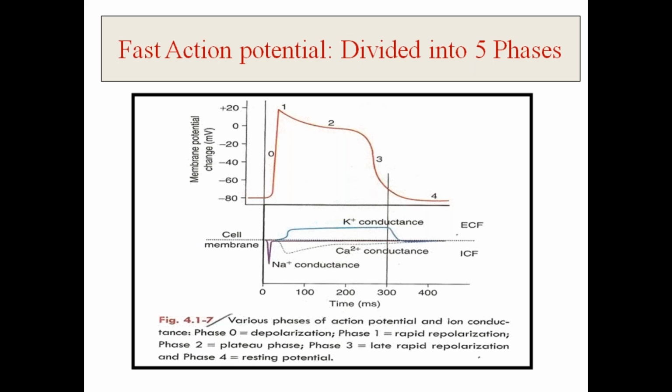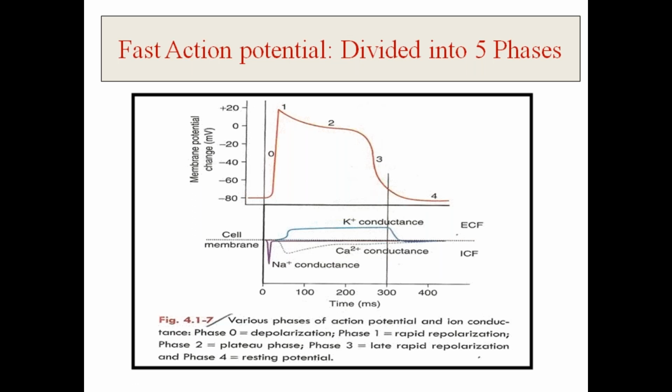Here, both things are happening: efflux of potassium is also happening, and influx of positively charged calcium ion to the inside of the cell is happening. As a result, the repolarization is somewhat slowed and you get a plateau, because the potassium movement is counterbalanced by the influx of calcium ion. The repolarization continues to about minus 20 millivolt.